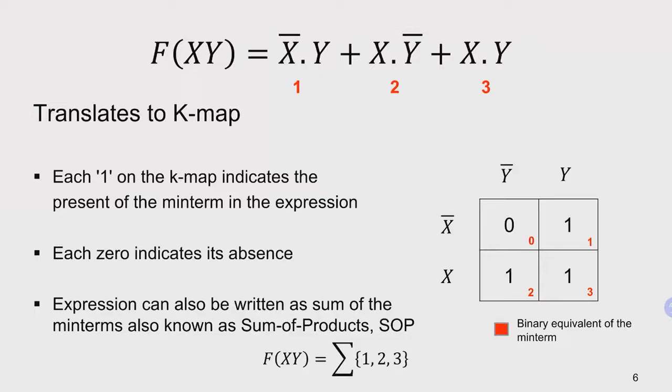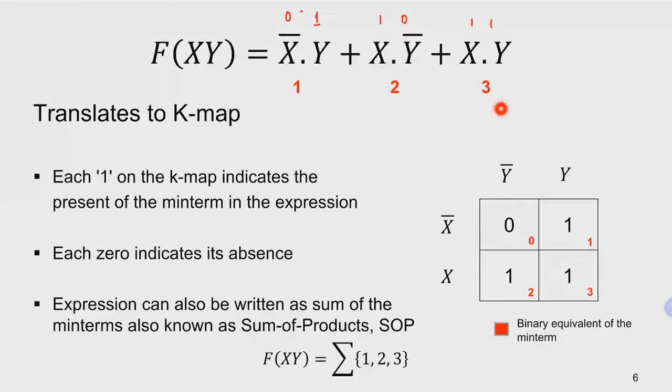So in terms of our binary, this is 0, 1, this is 1, 0, and 1, 1. So in terms of binary, 0, 1 is 1, 1, 0 is 2, 1, 1 is 3.